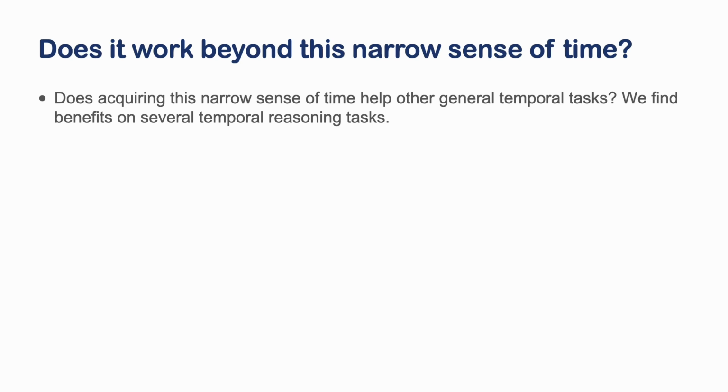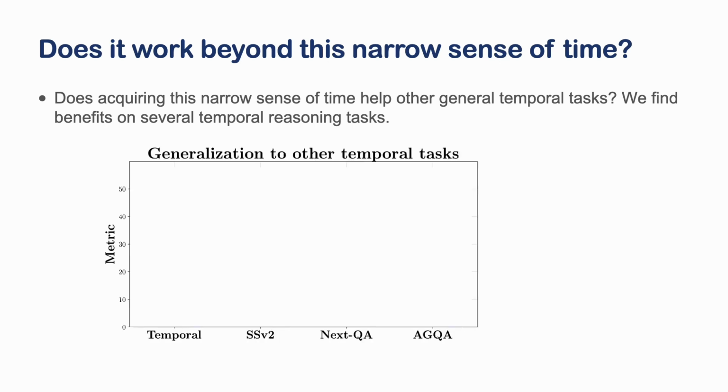Furthermore, we ask if models adapted with our narrow definition of sense of time can benefit more general temporal reasoning tasks. To answer this, we take TACT models and evaluate them on the following tasks in a zero-shot manner. First, we consider temporal benchmarks such as Something-Something and a temporal subset of Kinetics.